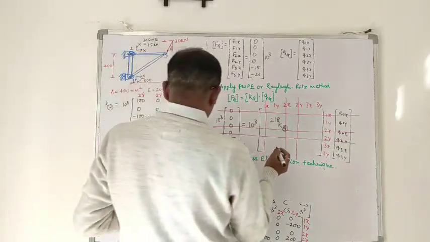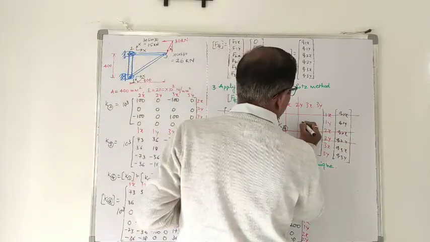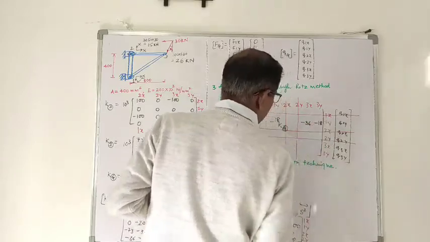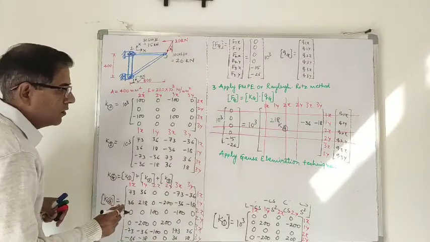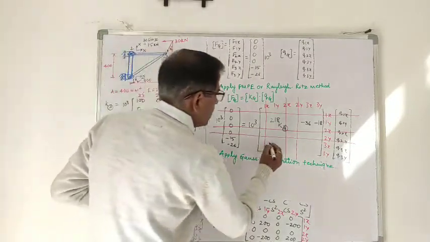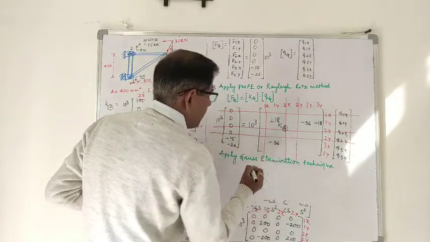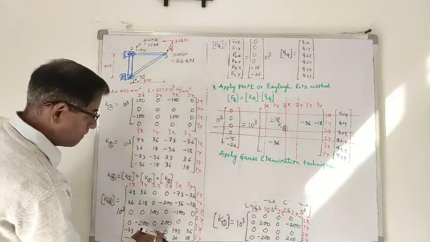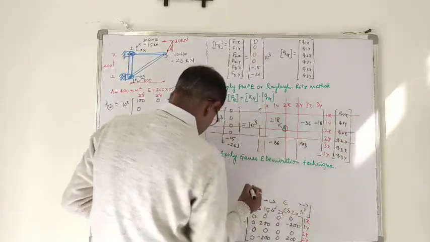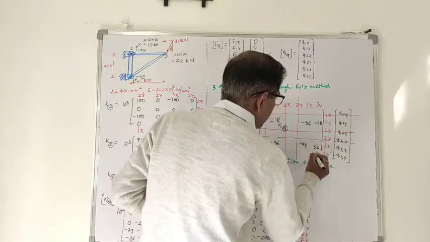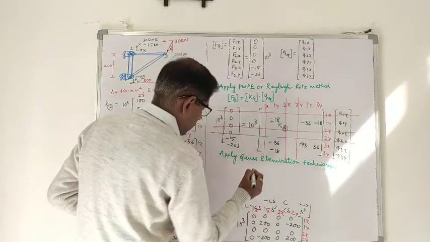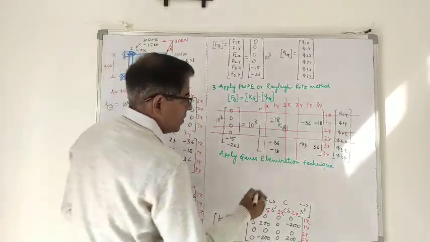Then minus 36, minus 18, and then 3x minus 36, 173, 36, and the last one is minus 18, 36, 18.